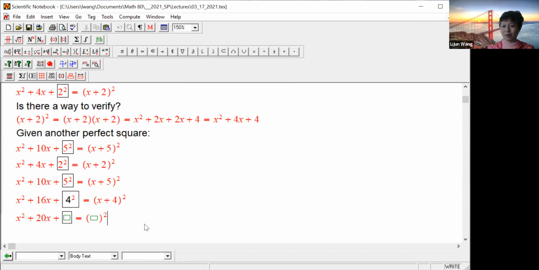This is not in the table, right? This is not in the table. What should that number be?